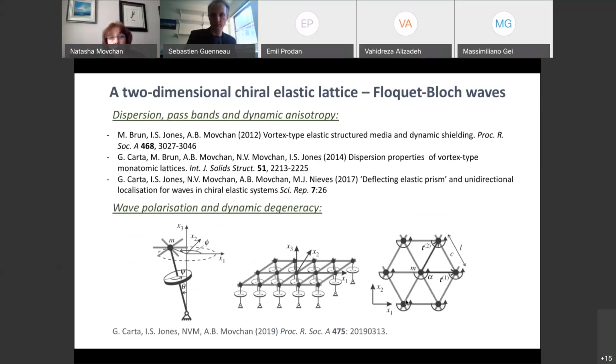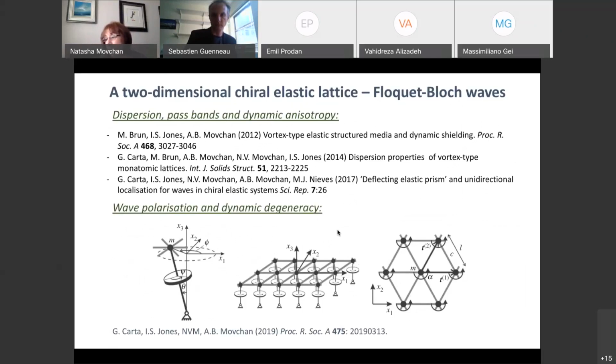So with all of that, I'm now going to see how this notion of lattice flux and lattice circulation is applied to the case of the so-called two-dimensional chiral elastic lattice.